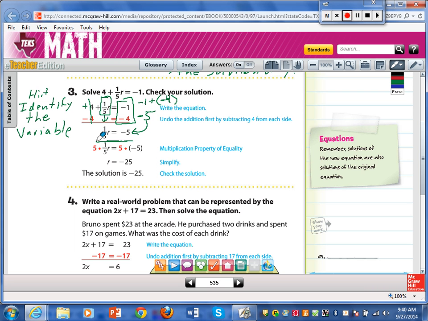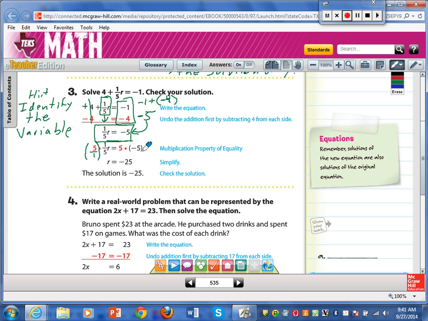Now this one should look also familiar now. If you have a coefficient that is a fraction, how do we undo a fraction when it's next to our variable, right, as a coefficient? Well, if you remember correctly, we have to multiply times the reciprocal. So the reciprocal of 1/5 is actually 5 over 1. And it's better if you put it in parentheses like this. It's always a lot better, so you'll know.